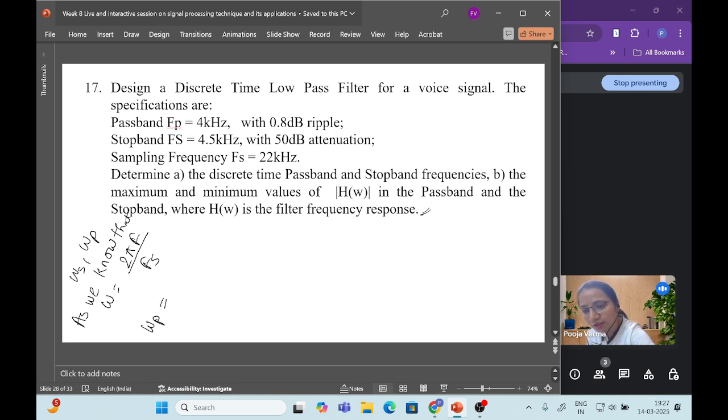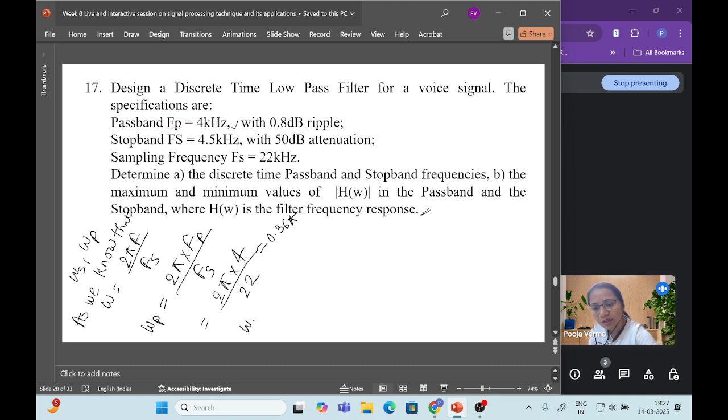For omega p, first we need 2 pi times Fp divided by Fs. Fp is 4 kilohertz. So 2 pi into 4 kilohertz divided by 22 kilohertz; the kilohertz cancels out. If you divide and multiply, you will get 0.36 pi.